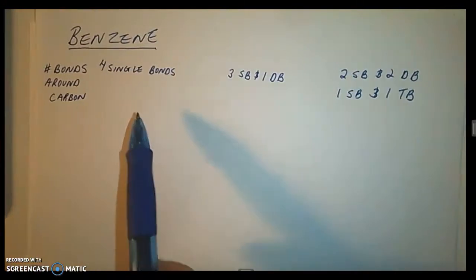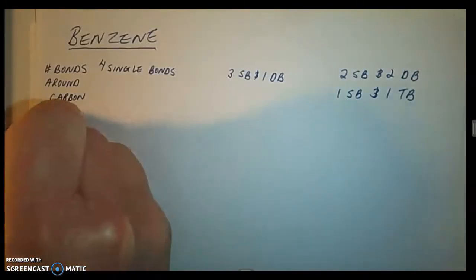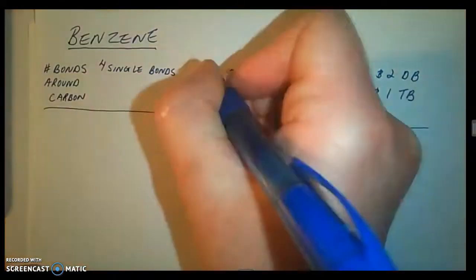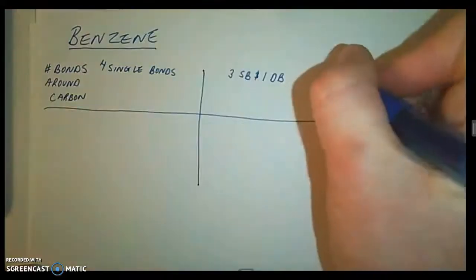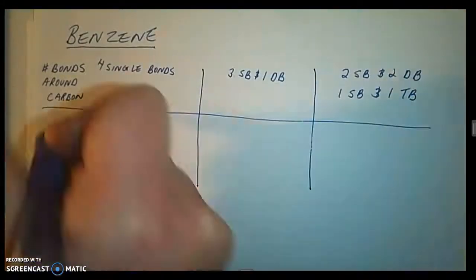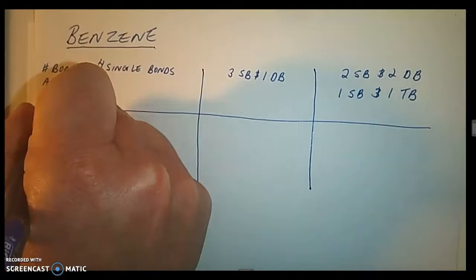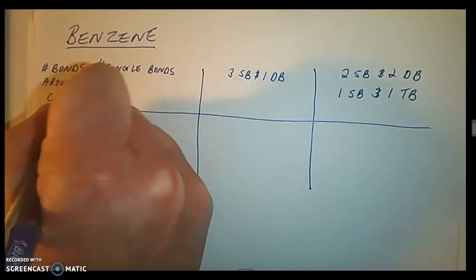These represent our different numbers of bonds around a carbon atom, and that leads to different shapes.